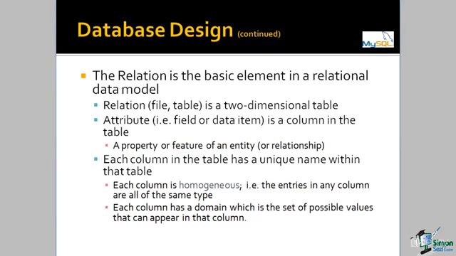They don't mix data types. So if we have a column defined as name, which is of type string, then all data within that column name will be of type string. Furthermore, every column has a domain, a range of possible values that can appear in that column.